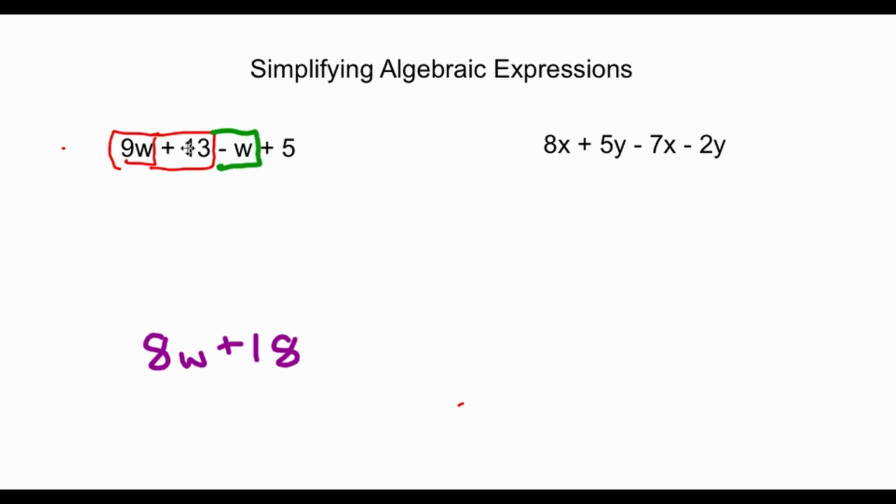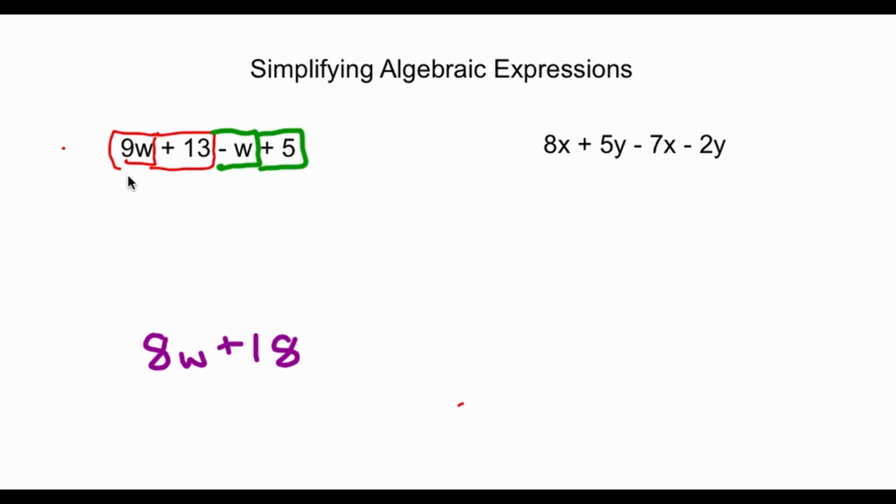So what I'm doing now is I'm looking at the expression as separate terms. This is a positive 9w because it does not have a sign in front. This is a positive 13 because of the addition and there's no other minuses there. The w now will be acting as a negative w in this case, and the 5 is a positive 5 because it has addition and no other sign.